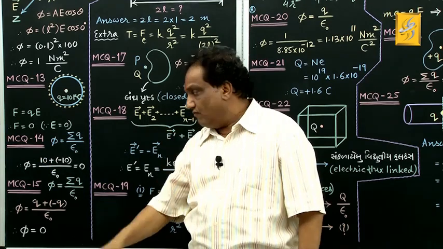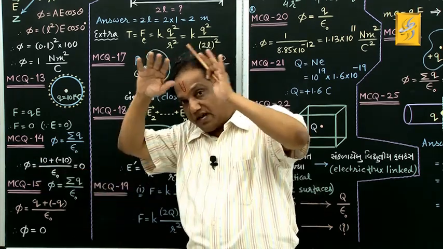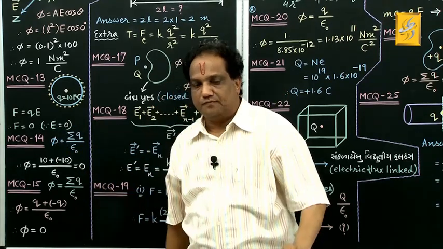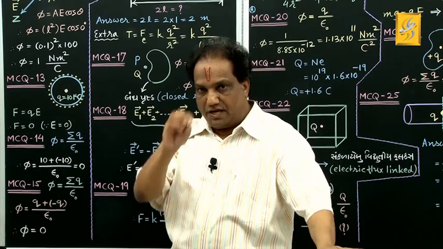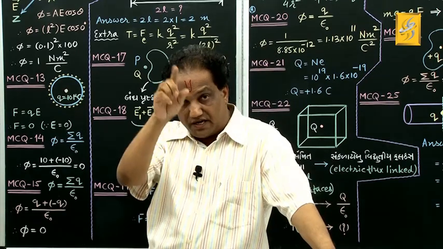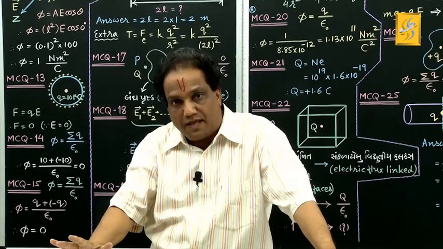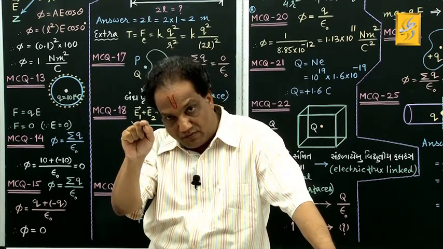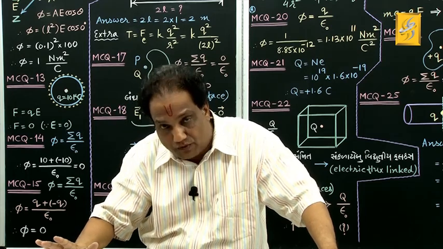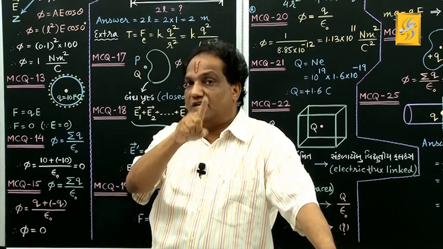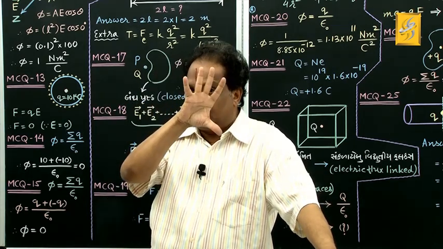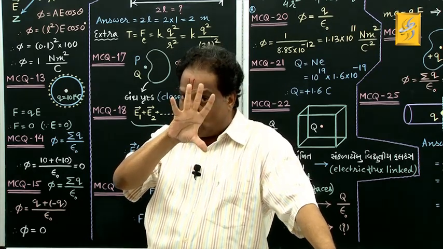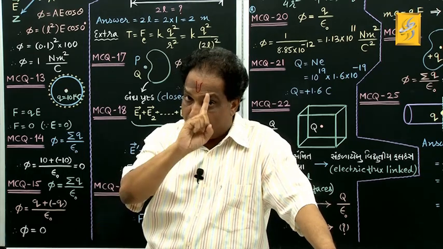But try to understand why the total electric flux linked with the entire closed surface is 0. I am showing you. Consider a positive charge inside the closed surface and an equal magnitude of negative charge inside the same closed surface. For a positive charge, its electric field is away from it, so the electric flux due to that positive charge comes out of the closed surface, which should be taken positive.